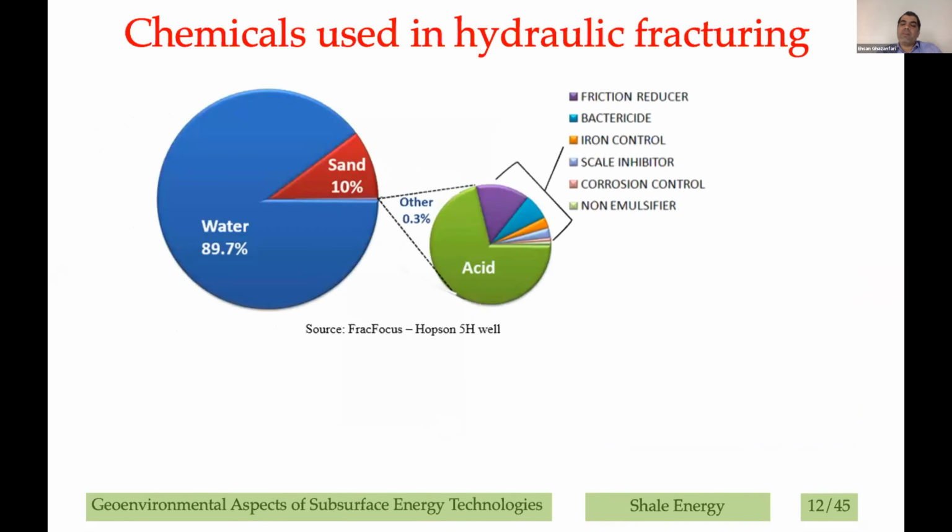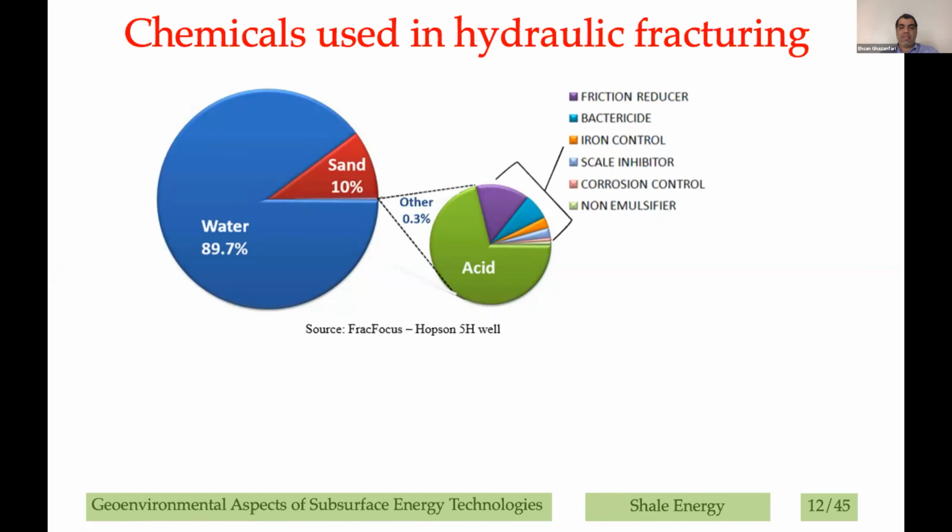Now, some of the chemicals that are used in the hydraulic fracturing process, if you look at the pie chart here, about 90% of the injected fluid is water, and the rest, around 10%, is the proppant. Proppant is the material that will help keep the fractures open. Oftentimes sand is used as the proppant.